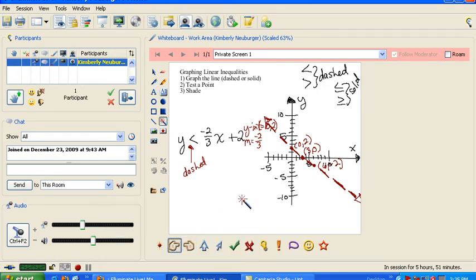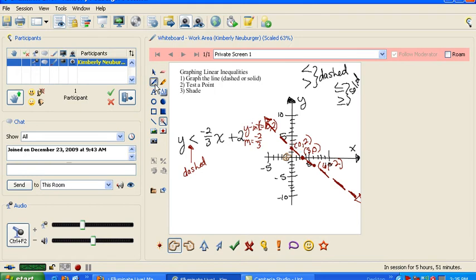We're either going to shade this side of the line or this side of the line. To determine where we shade, we need to test a point. And you always want to pick an easy point. Anything with small numbers. If the line does not go through this point right here of 0, 0, that's a good point to use as your test point.